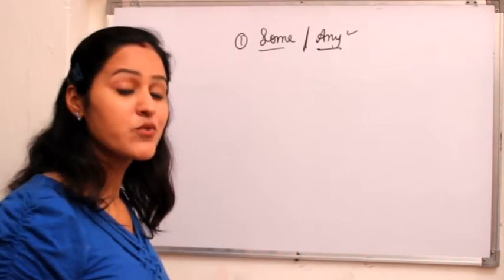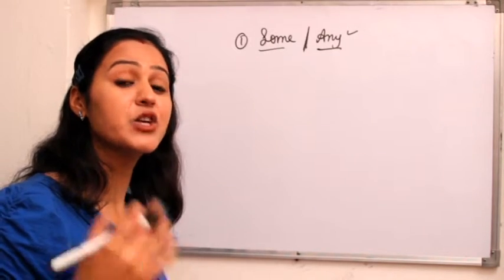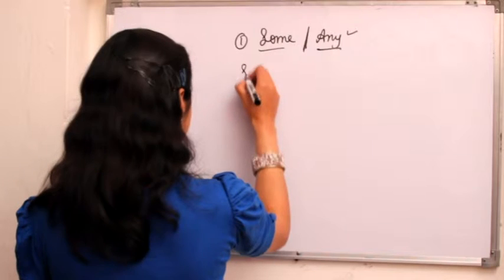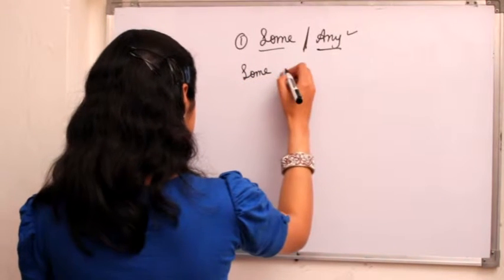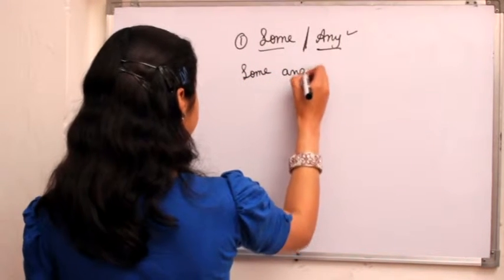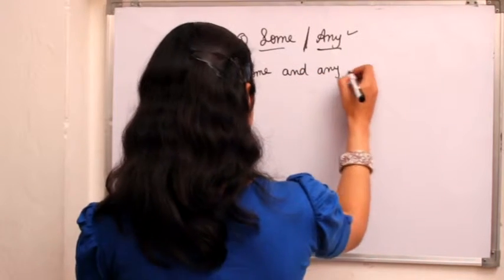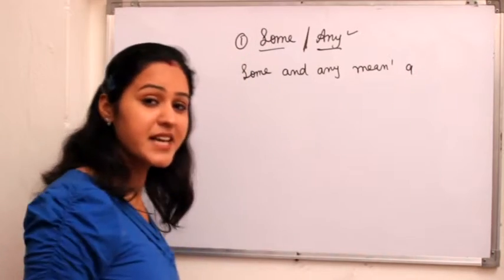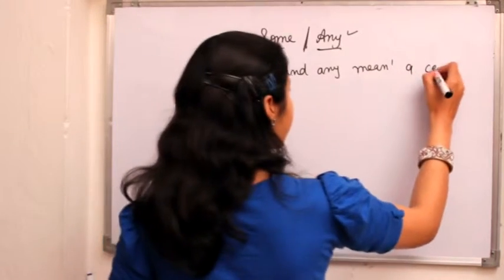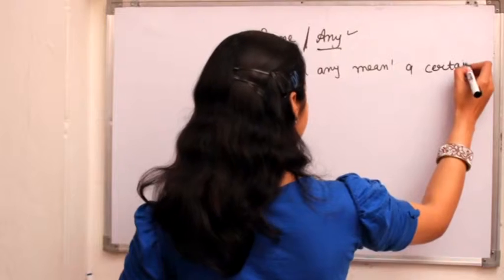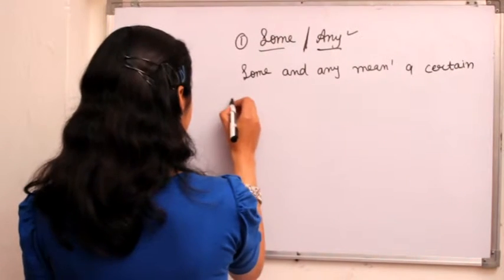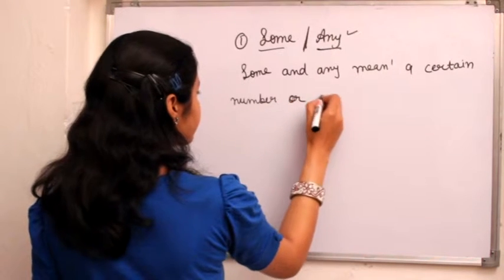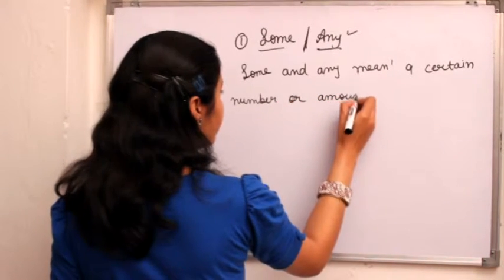So very first, what is some, where can we utilize some? Some and any mean a certain number. It means that we are talking about a certain number or amount.